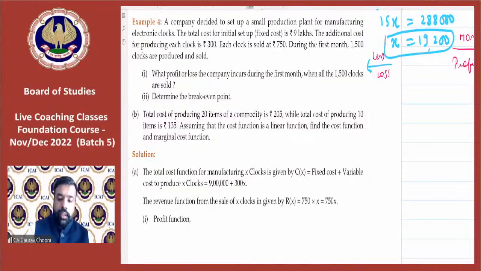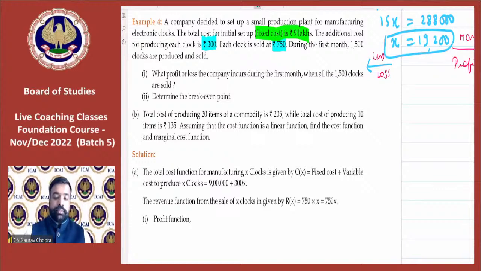So the total cost for setup, that is fixed cost, is rupees 9 lakh, and additional cost for producing each clock is rupees 300. This is the variable cost.